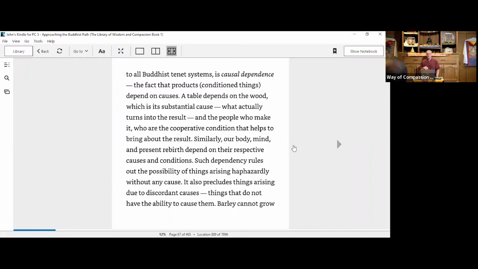A table depends on the wood, which is its substantial cause. More accurately, you'd say a wooden table depends on the wood, right? We have metal tables, wood. It's good to be precise. So a wood table depends on the wood, which is its substantial cause that actually turns into the result.